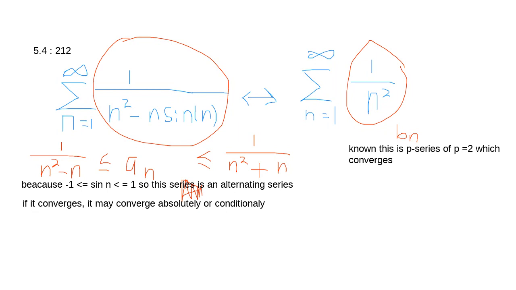Even, you know what, I don't think this is an alternating series. Even though sine is in between negative 1 and 1, it just keeps it positive. Actually, I changed my mind. Why? n squared minus n is always positive because n is a natural number, 1, 2, 3, 4.